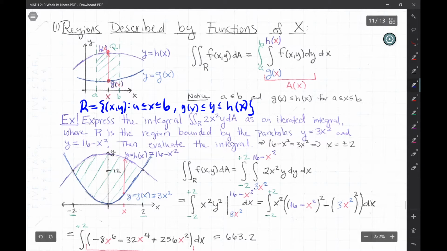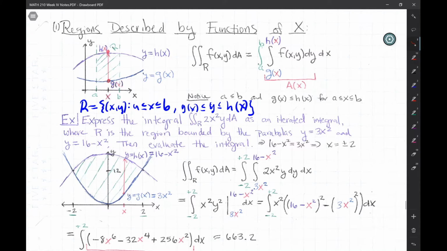And when you can describe the region this way, you can still use the iterated integral approach. But first, you must integrate over dy. So we fix x. We fix this second integration. We fix x to some value there. I just left it as an arbitrary x in red. And wherever we fixed x, when you're carrying out the first integral, you treat the x as constant.